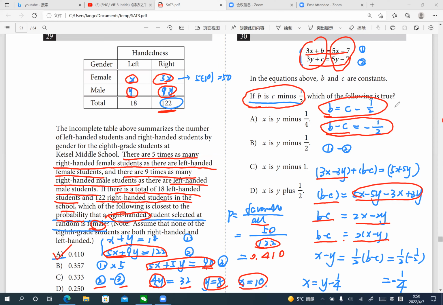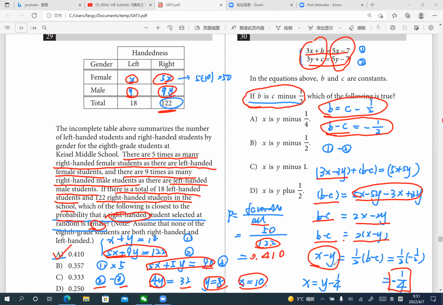From the first step, we already know b minus c is equal to negative 1/2. So we substitute negative 1/2 for b minus c. We get x minus y equals 1/2 times negative 1/2, which is negative 1/4.